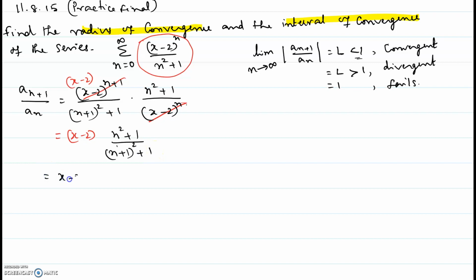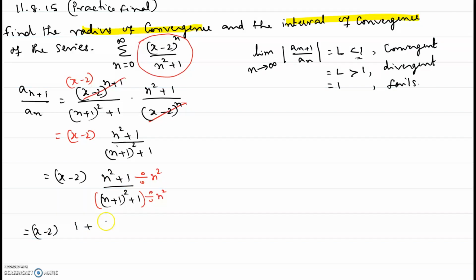At this point, we will simplify the second expression that we have in n. We'll divide the numerator and the denominator by n squared. So this would be x minus 2 times n squared over n squared, which is 1, plus 1 over n squared, over (n plus 1) the whole squared over n squared plus 1 over n squared.